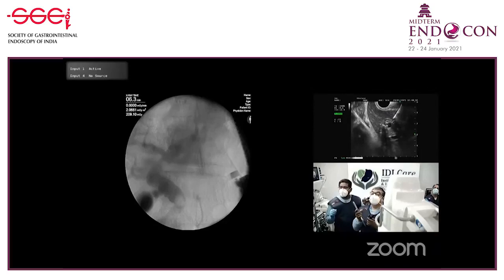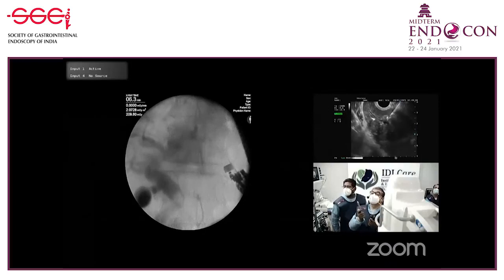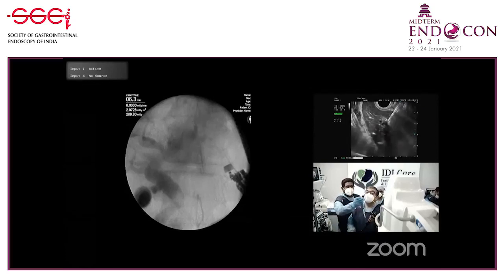I think we are just in. So probably little more I'll puncture. We are probably out of the biliary radical little bit, and that happens.